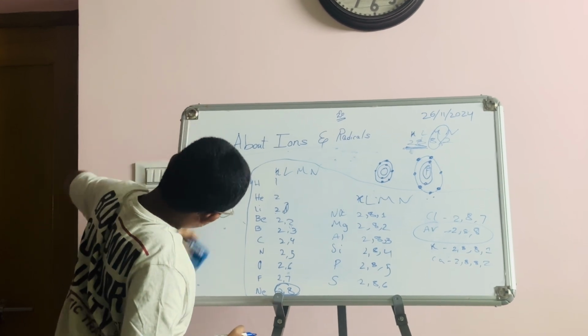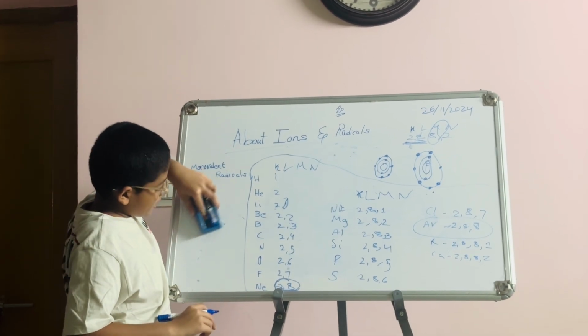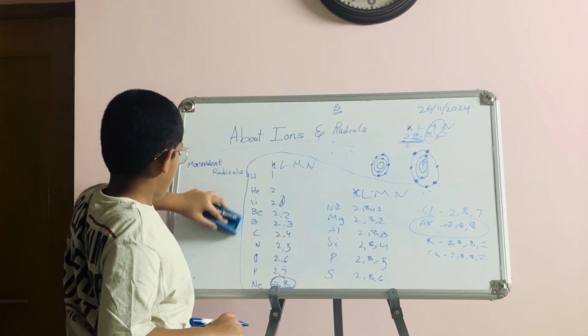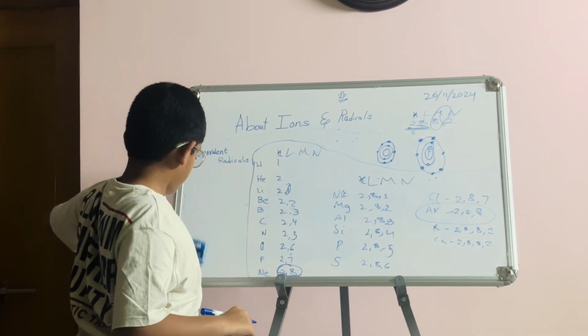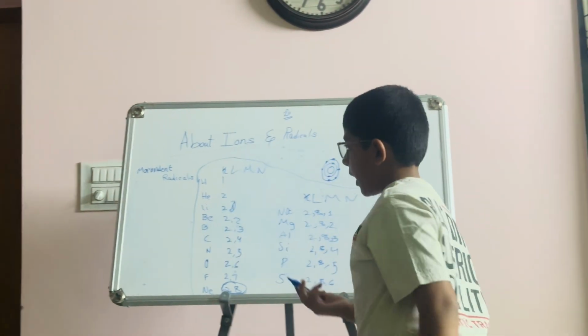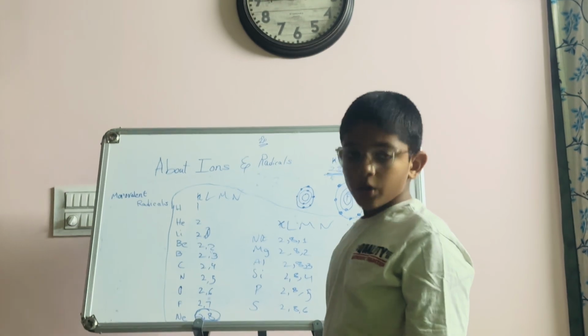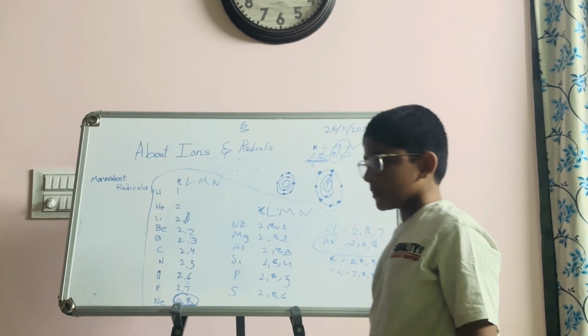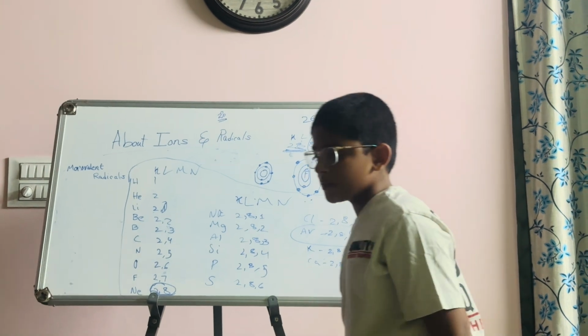Actually, what are radicals? Radicals are also ions. There are two types of radicals: acid radicals and basic radicals.